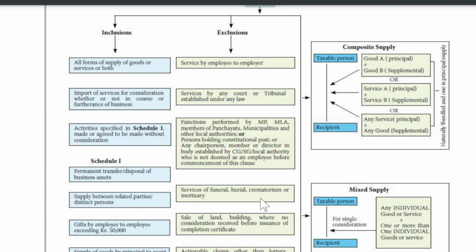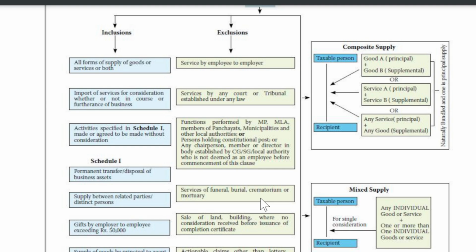If it has taken registration in 20 states, then it is understood that there are 20 distinct persons. The company is one, but each state will have a different GST number based on the PAN number.